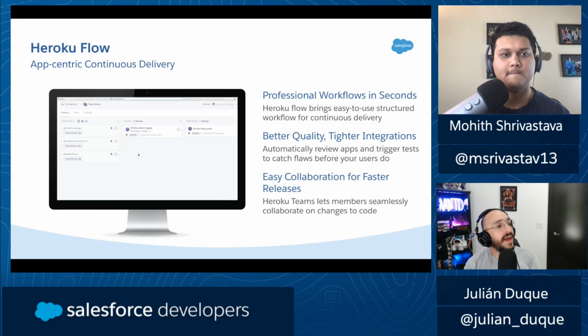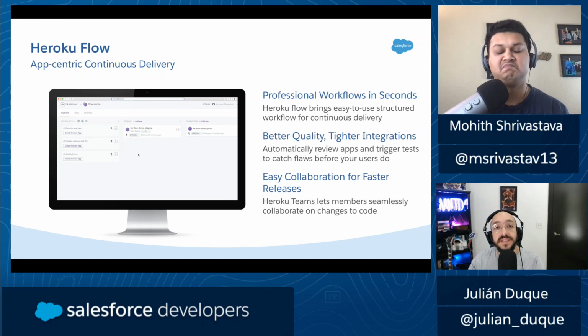Got it. And also, we have a set of different utilities to have CI/CD on the Heroku platform. This set of utilities is called Heroku Flow, and pretty much it's bringing that developer experience that Heroku has, simplifying all of the development lifecycle management for you.